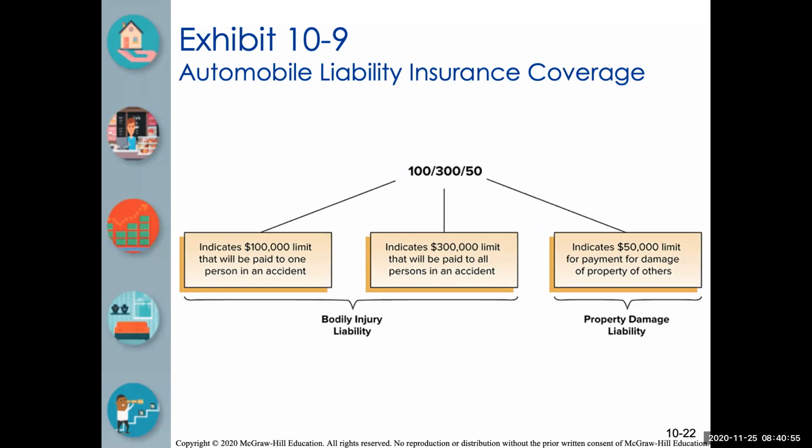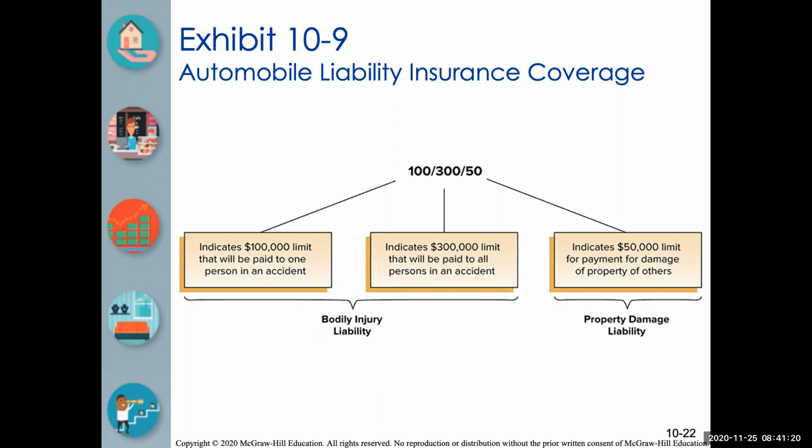The second component is that the 300 is saying that, in addition to the $100,000 limit maximum for one person in an accident, now we have a maximum overall limit. So there's a $300,000 limit that will be paid to all persons within an accident.